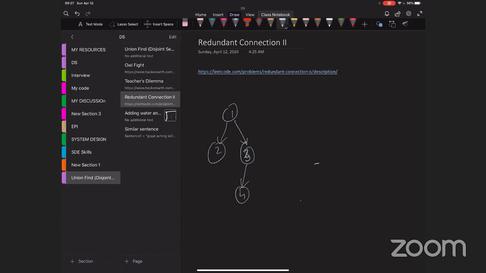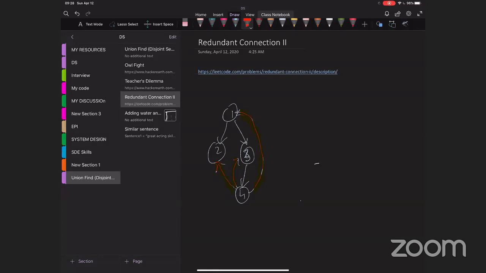Now when does this become a graph? When I have either this, or this, or this. Any of these 3 lines that I draw makes it a graph, correct?